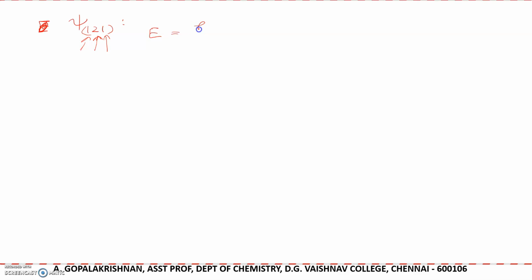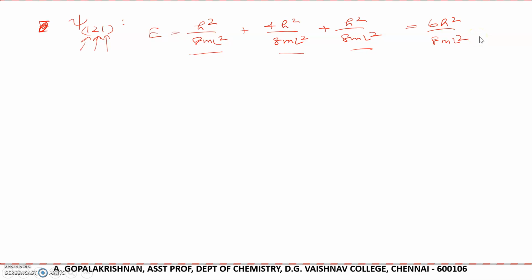So the energy is h²/8mL² plus 4 times h²/8mL² plus h²/8mL². This is the x component of energy, this is the y component, and this is the z component. So what is the total? Total is 6 times h²/8mL². This is the energy before distortion.